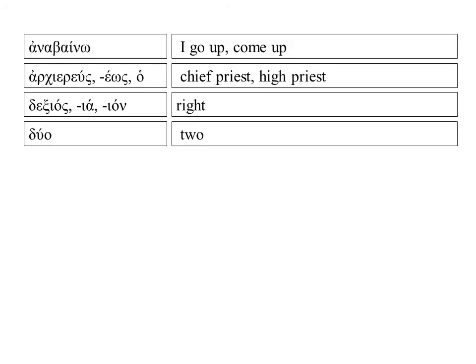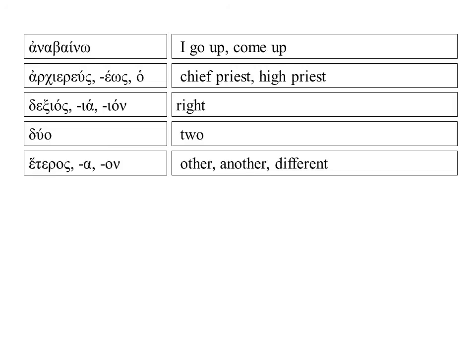Duo means two, and it cannot be declined, so it'll always be duo. Heteras, look at the rough breathing in front of it. Heteras, hetera, heteron, 2, 1, 2. Other, another, different.